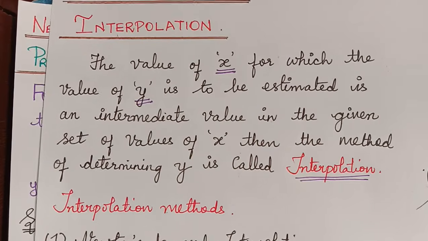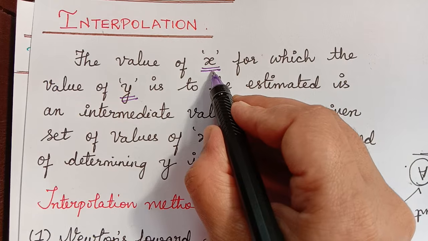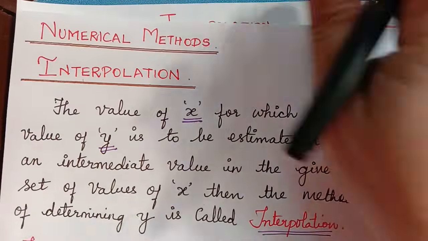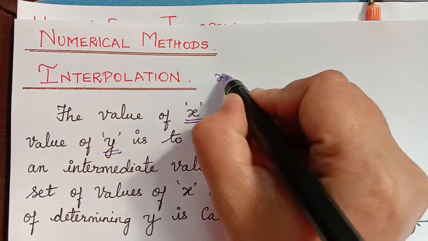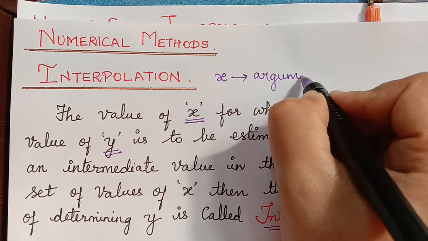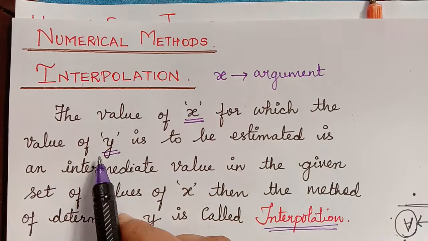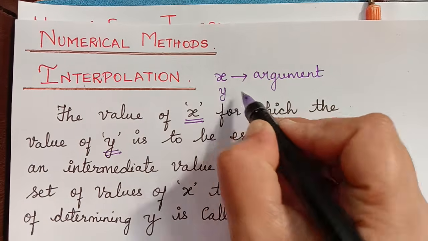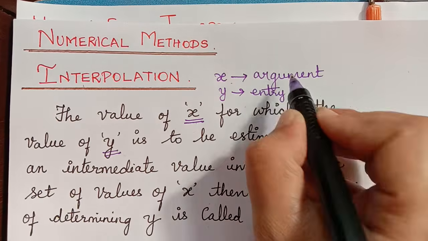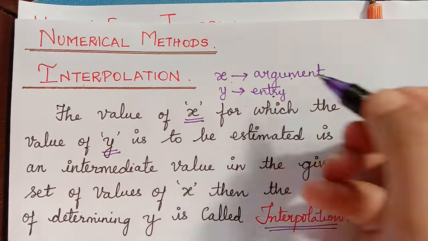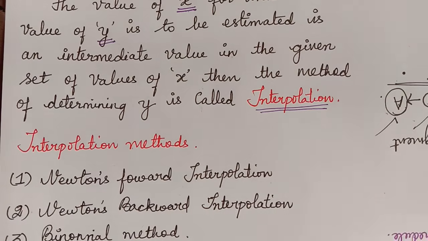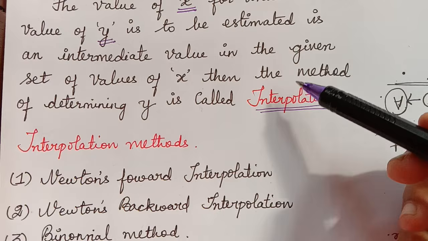Now here the independent variable x is also known as argument, and the dependent variable y is known as entry. So x is the argument and y is the entry. And there are several methods to obtain the interpolated value.